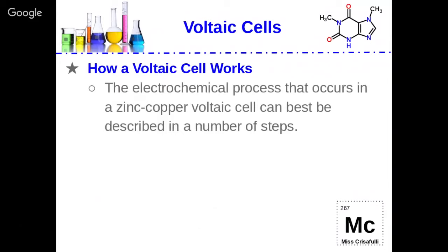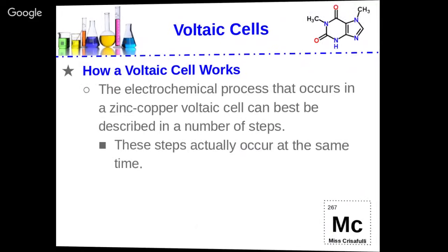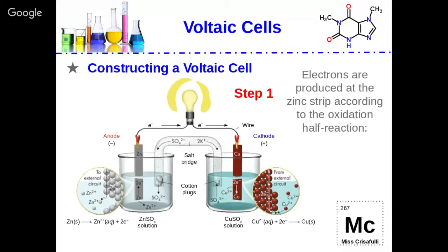The electrochemical process that occurs in zinc and copper voltaic cells can be best described in a number of steps. And always these steps occur at the same time. So step 1: the electrons are produced at the zinc strip according to the oxidation half reaction below. So zinc is going to go from zinc to zinc 2 plus, and so the zinc 2 plus ions are going to go into solution.